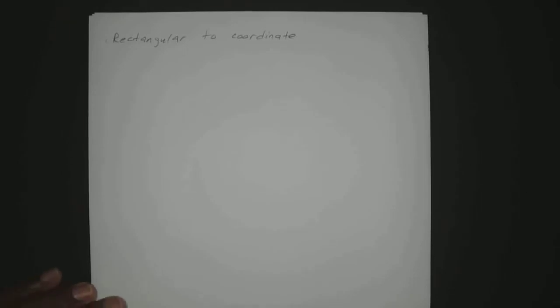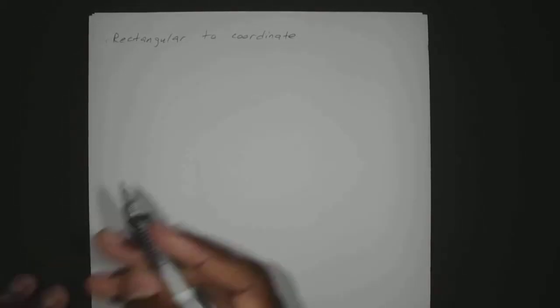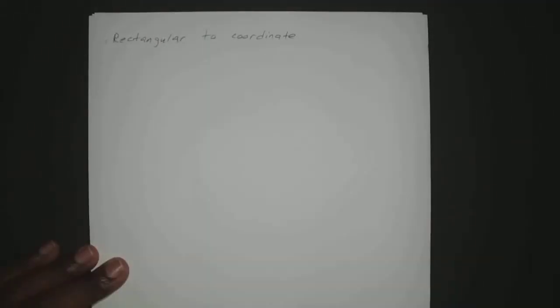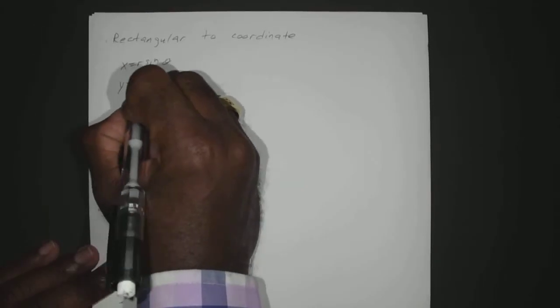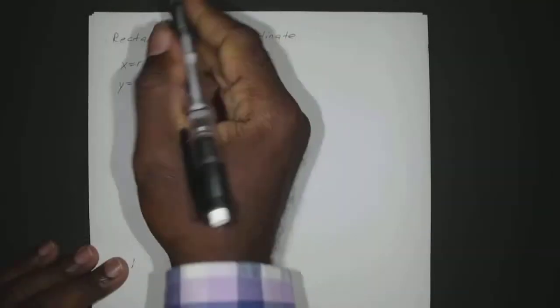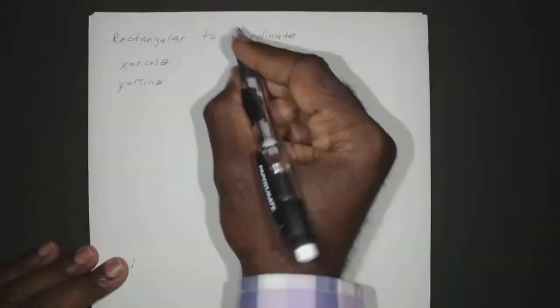Okay, so we know that x equals r cosine of theta, and y equals r sine of theta.